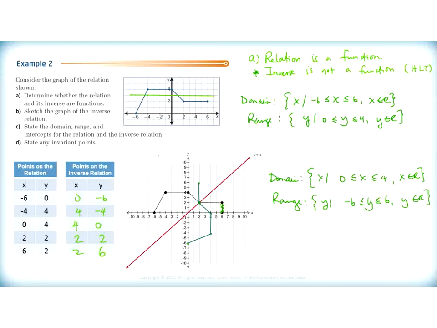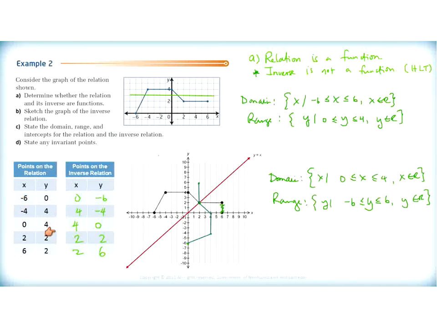I want you to notice something very important here as well, and that is that the domain of the original function, between -6 and 6, became the range of the inverse. And the range of the original function, between 0 and 4, became the domain of the inverse. And if you think about that, that makes perfectly good sense, because, remember, we switched x and y values.